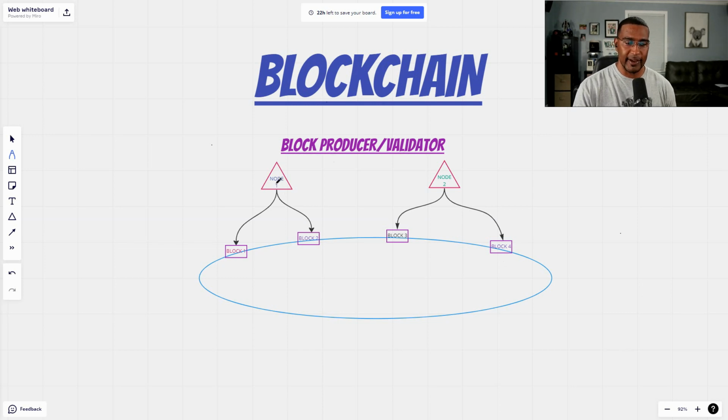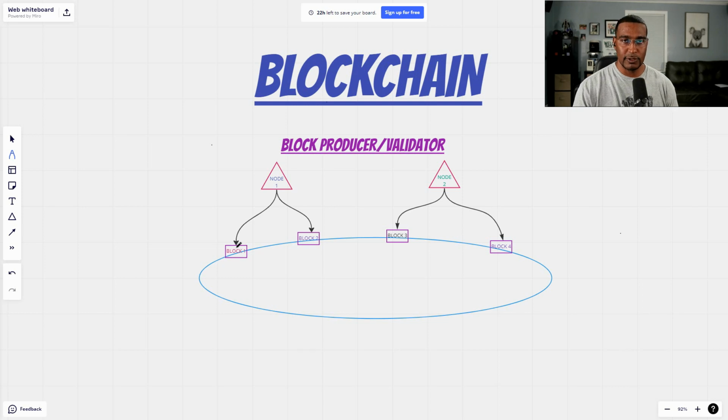What happens is a transaction comes through the validator and/or block producer. The information then goes out and, through cryptography and mathematical equations, they develop a block to secure the data onto the chain. As a result, that data gets recorded, block one gets done, and all the information and transactions are recorded into that block.